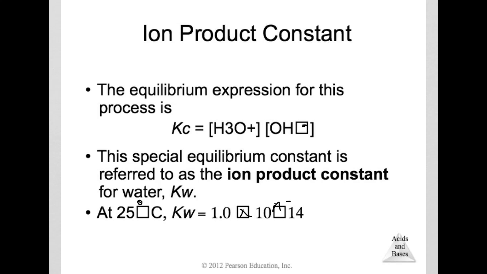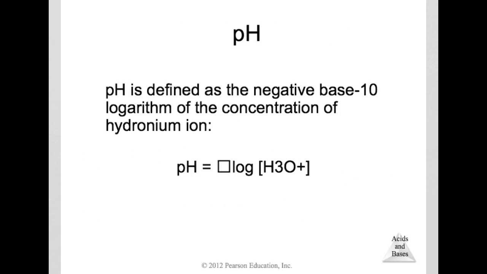Okay, so Soren Sorensen came along and defined something as pH. If we have pH as equal to the negative log of the hydrogen ion concentration, this is the formula that you've all seen before.